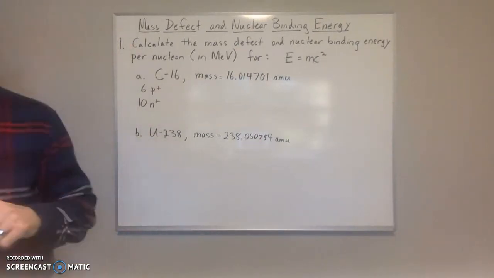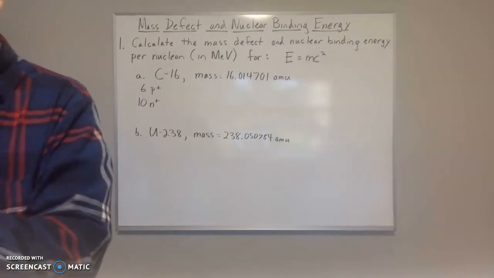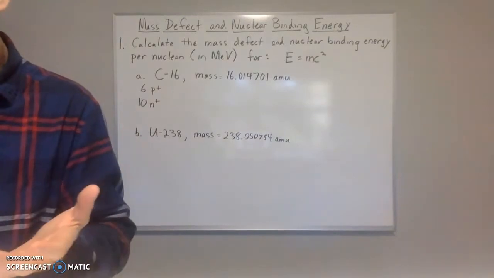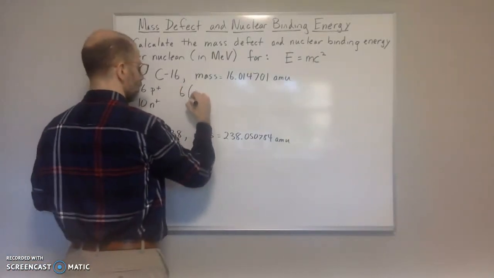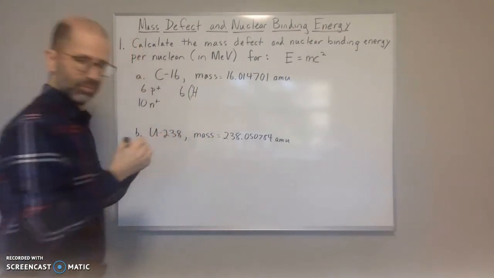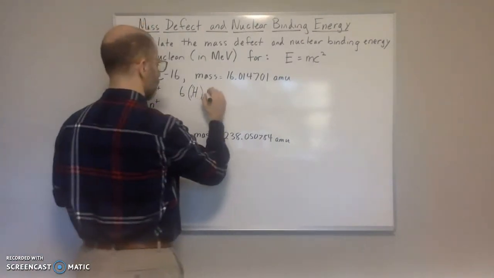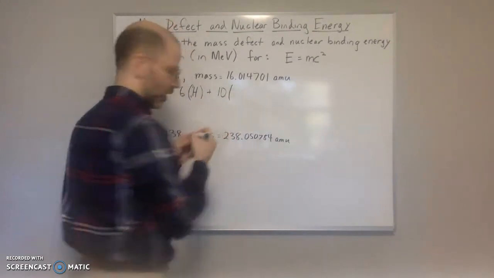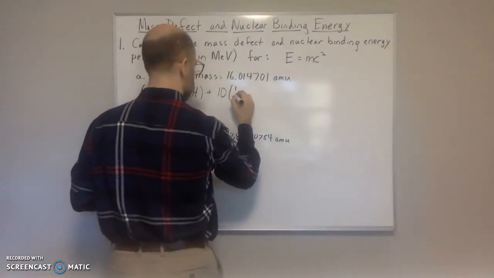So let's look this up. So we have the mass of a proton, which is hydrogen. So we have 6 times the mass of hydrogen, plus we got 10 times the mass of a neutron, so that's 1, 0.